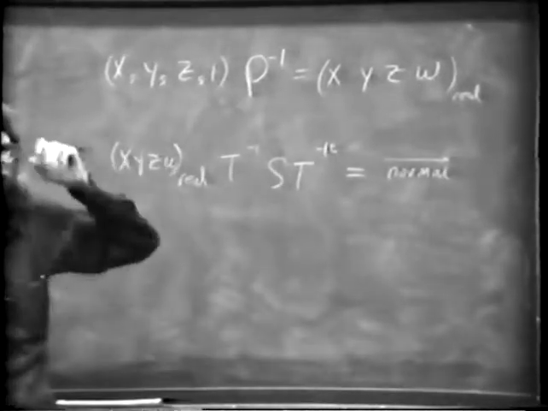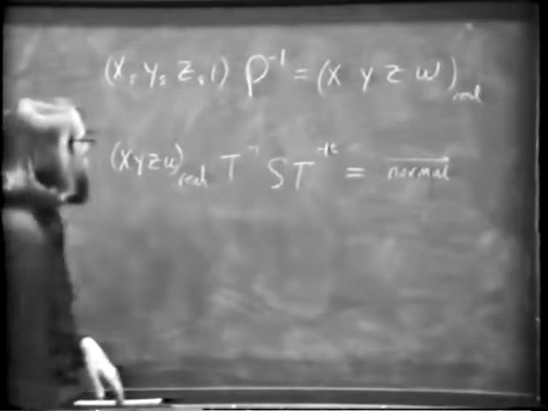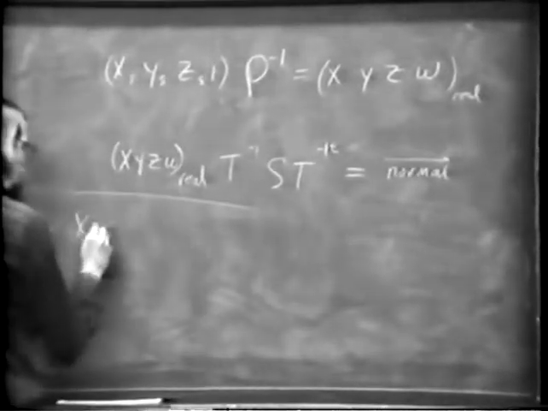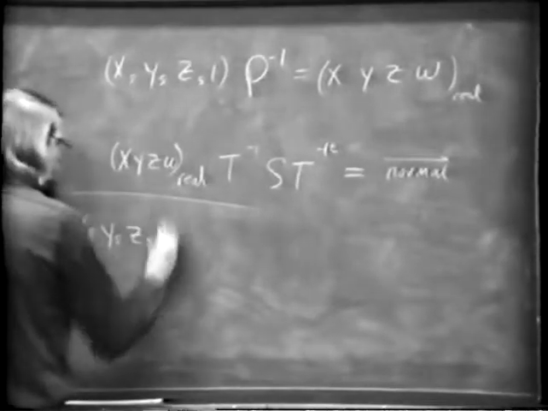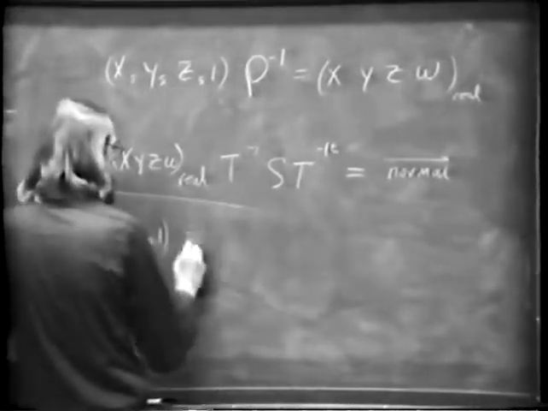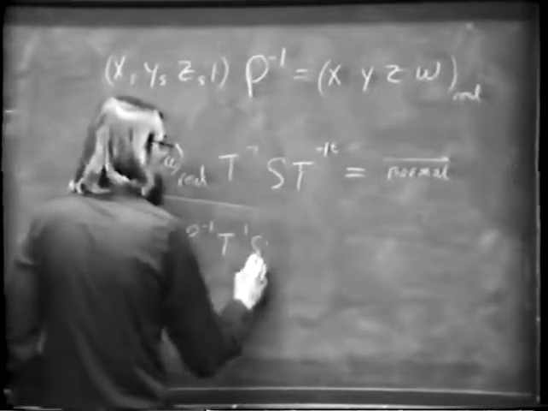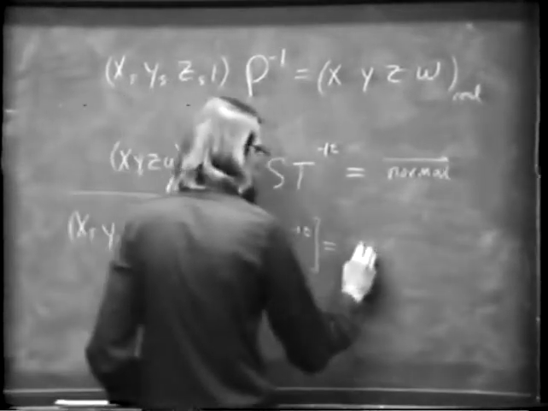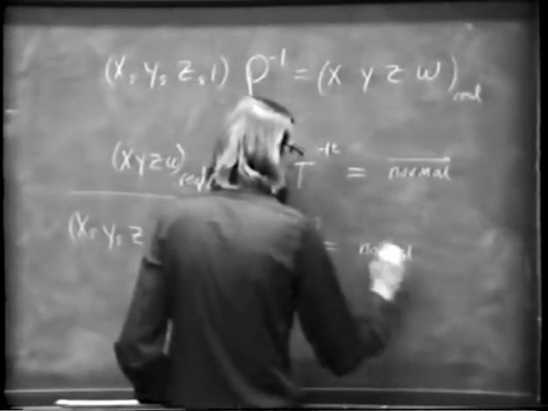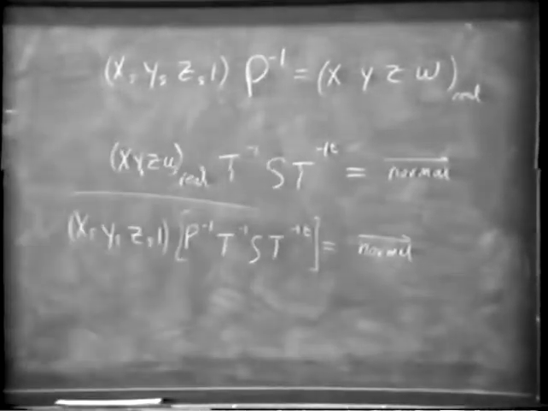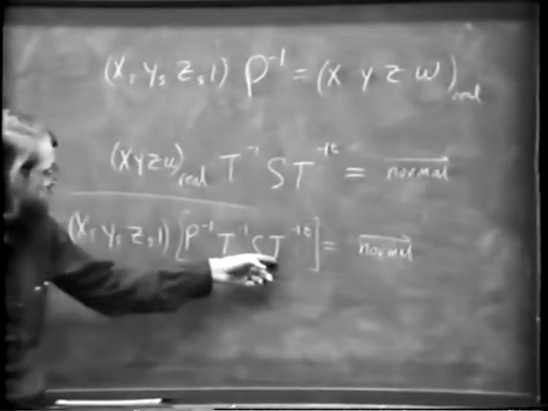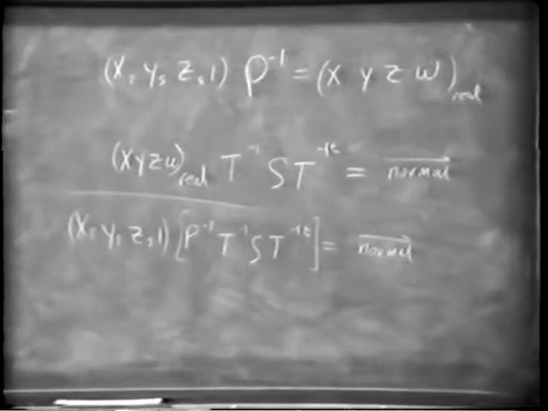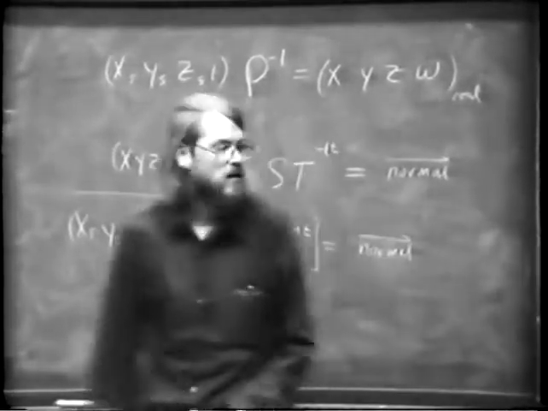The first 3 components are a normal vector, and the last one you ignore. And so you mush these together, and you come up with, finally, this whole mess. P inverse, T inverse S, T inverse transpose, almost the same as Q perspective here, except we just have dropped off the last perspective thing.